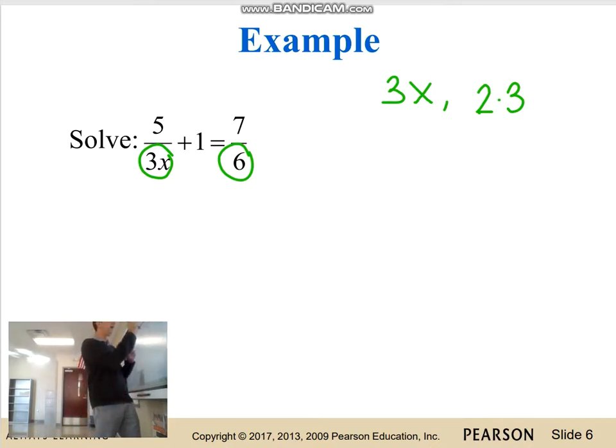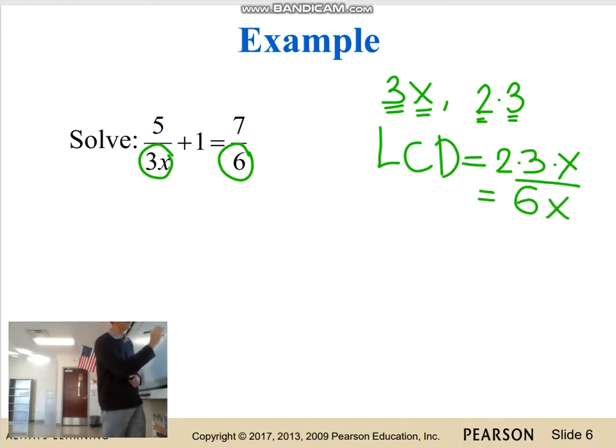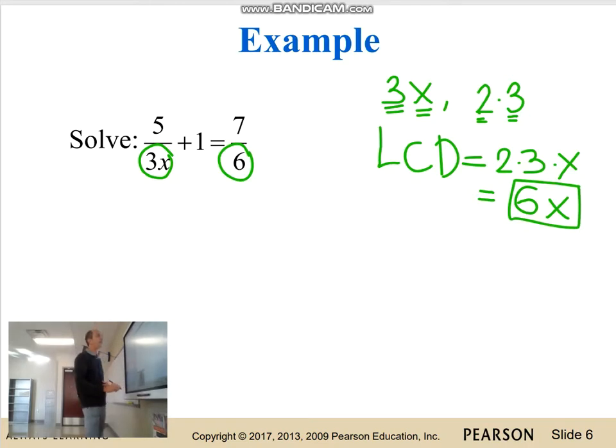So we have 3x, we have 2 times 3. One unique factor is 2, another unique factor is 3, and the last unique factor that we have here is x. That means the least common denominator is equal to 6x. That's what we're going to use.